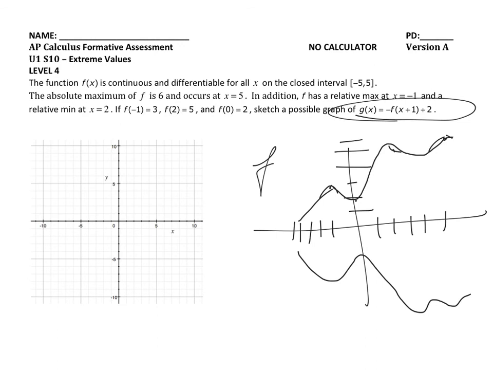I would have shifted this 1 unit to the left. That's what will be in blue here. And then I should shift everything up 2, and that's going to get me my graph over here. Giving me the following there.